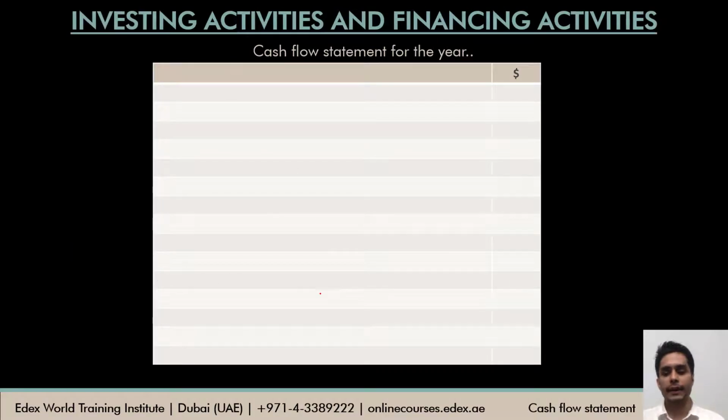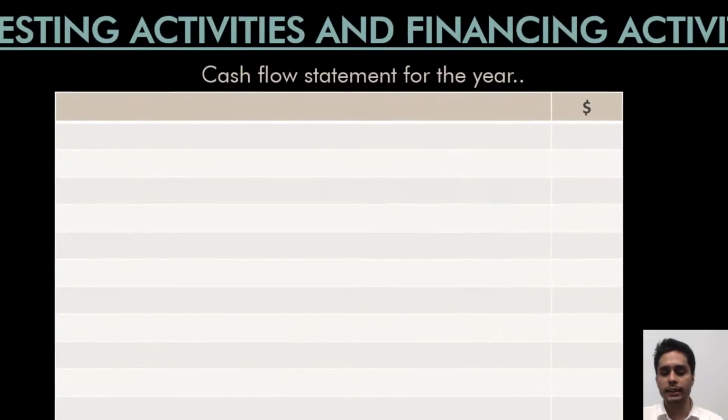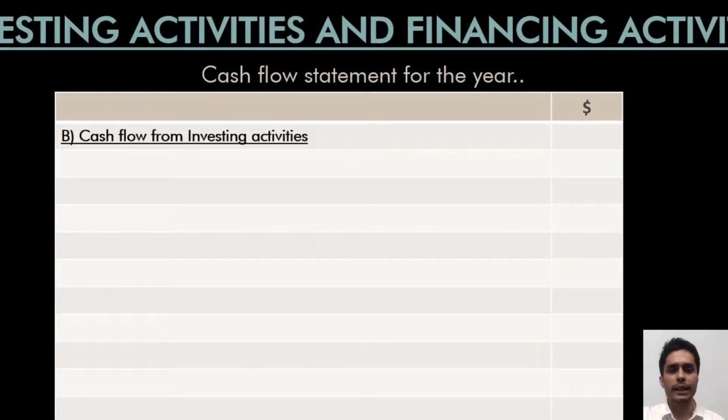Going to investing and financing activities, here the presentation of cash flow is quite simple. You have to just list down all the transactions that have caused an increase or decrease in the cash flows. So starting with investing activities, I told you investing activities relate to your acquisition and disposal of your assets and investments, and hence directly I can say my acquisition or purchase of my fixed assets will be deducted because it's a cash outflow.